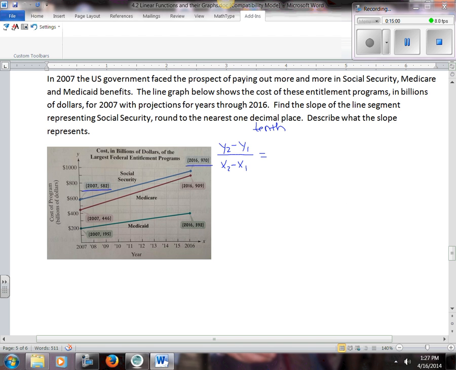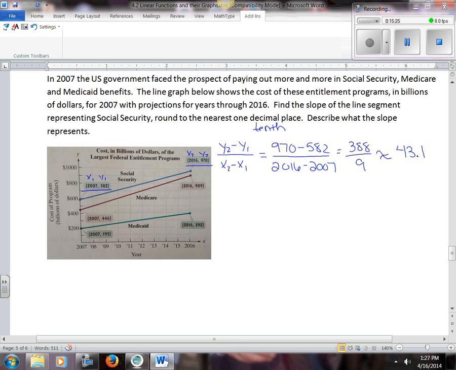So let's say that this is x1, y1, this is x2, y2, and we're going to find the slope. 970 minus 582 over 2016 minus 2007. We get 388 over 9, which is about 43.1.